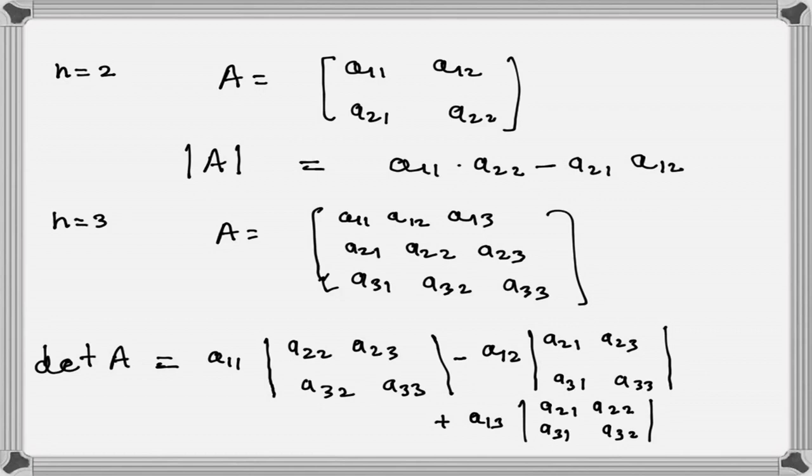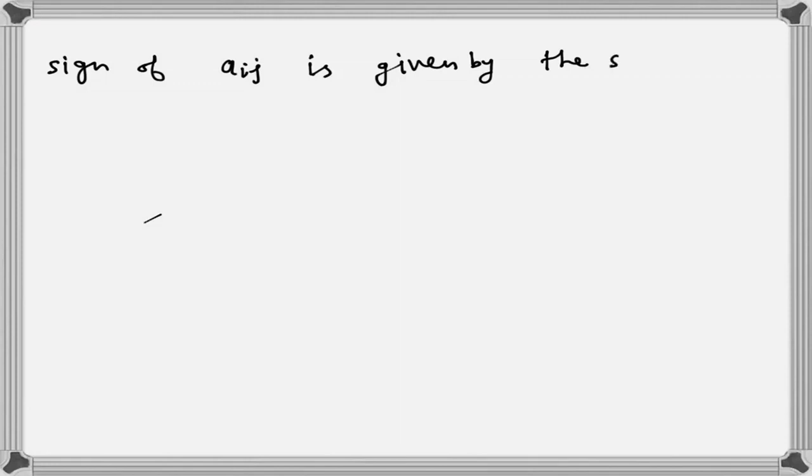Here I took the first row to expand it. We can use any row and any column, but the sign of these multipliers like a11, a12, a13 is defined as follows. The sign of aij is given by the sign of minus 1 to the power i plus j.